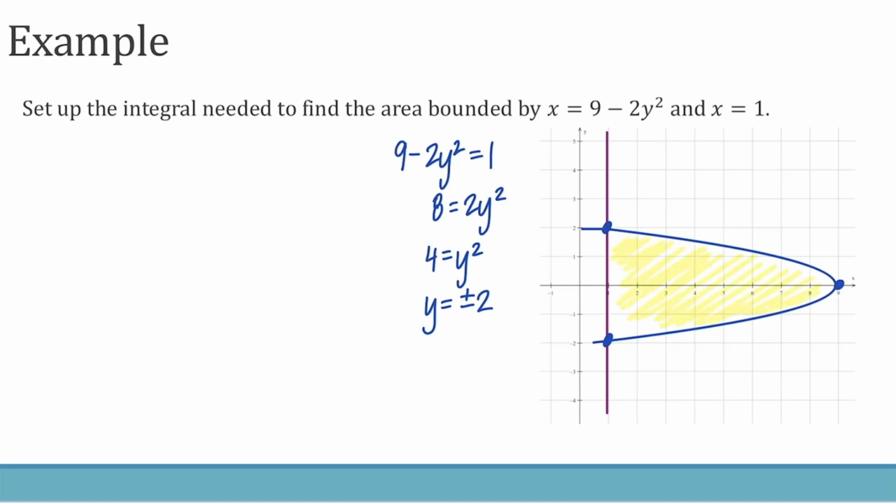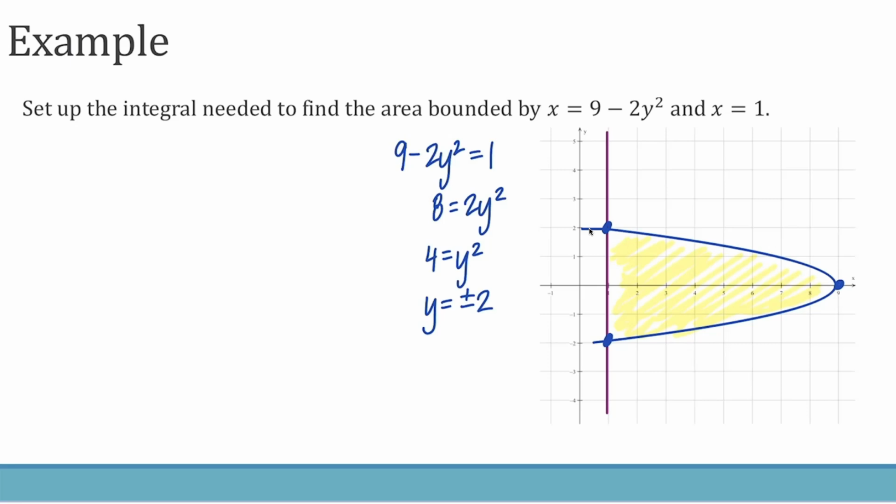So here we have our sketch, and we're interested in the area bounded between these two curves. So this is the area that we're in search of. And we have a clear right and left function. The right side is the parabola, the left is the vertical line. And we can see that the interval is from y equals negative 2 to y equals positive 2.